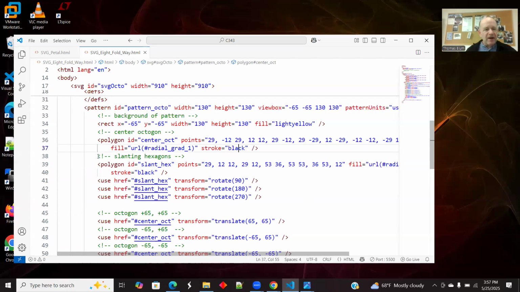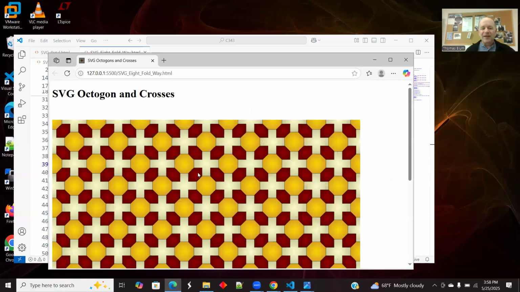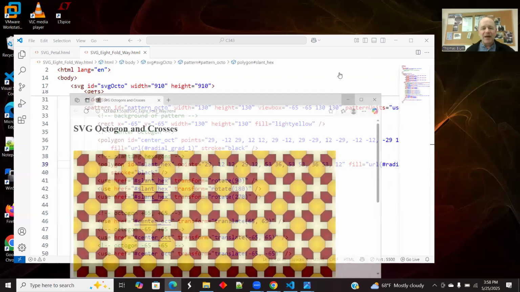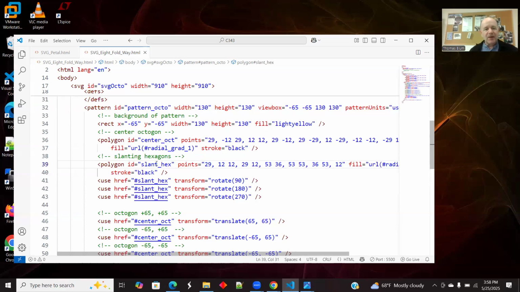And then I skipped to what I call the slanting hexagons. Here again, you see some 29s and 12s, and then a few other numbers coming in to make these red slanting hexagons. So I made one hexagon and gave it an ID, and then I used that hexagon and did a rotation.